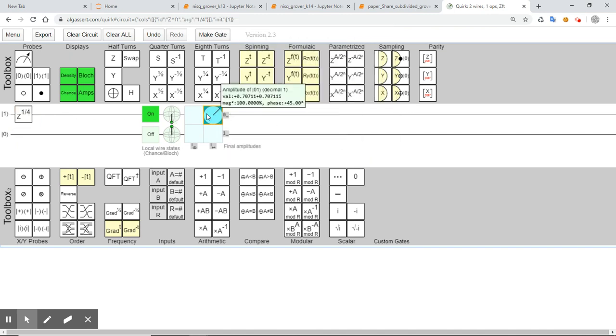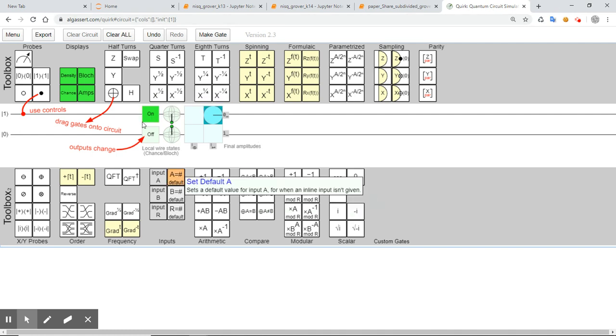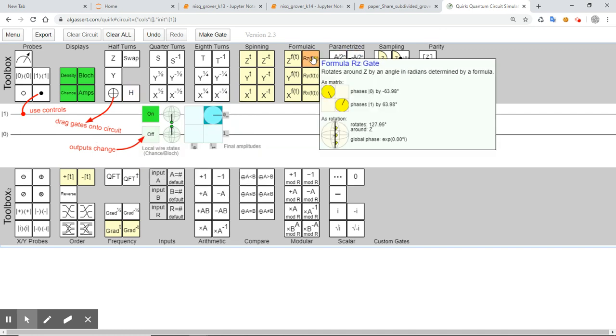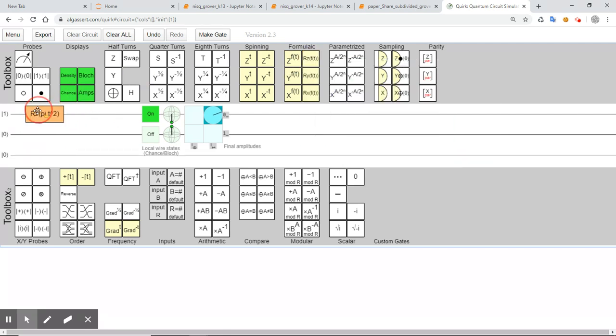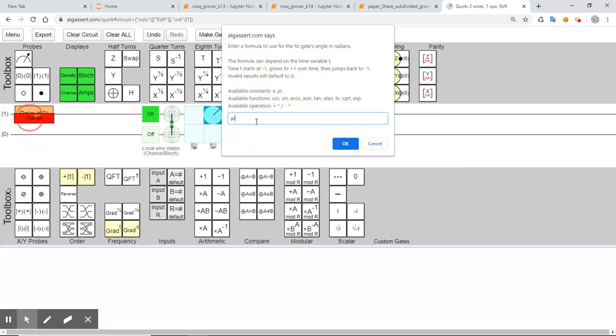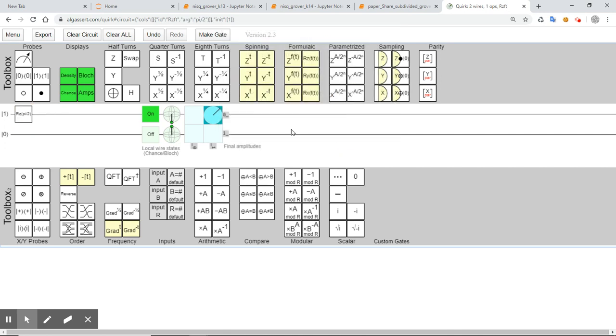Okay, no, it's definitely different. Because pi divided by 2, here you specify the angle in radians, here you specify the fraction that you're rotating, right? So pi divided by 2 should be our 1/4 rotation, yeah.